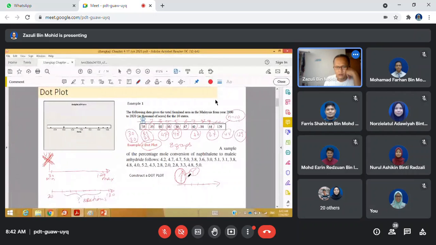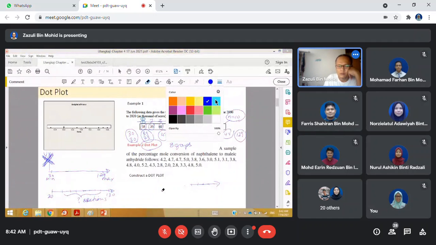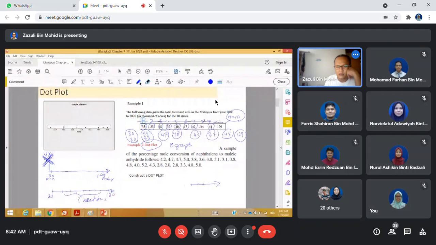So without the y-axis, okay, without the y-axis, you can just draw the line.